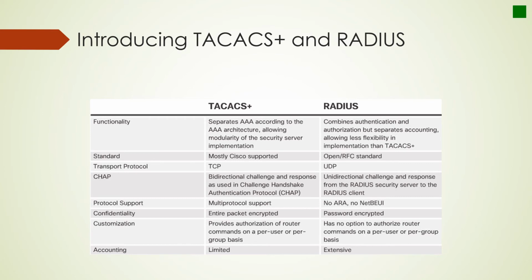Protocol support of TACACS Plus is multiprotocol, but RADIUS is limited. The entire packet is encrypted in TACACS Plus, while in RADIUS only the passwords are encrypted. TACACS Plus provides authorization of router commands on a per-user or per-group basis, while RADIUS doesn't have that option. Accounting in TACACS Plus is limited, while in RADIUS it is extensive.